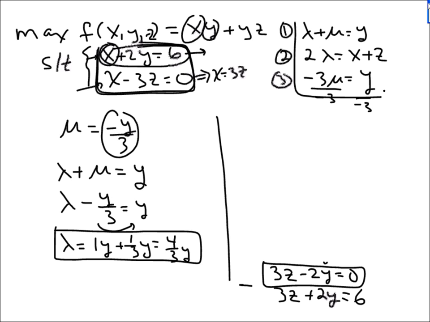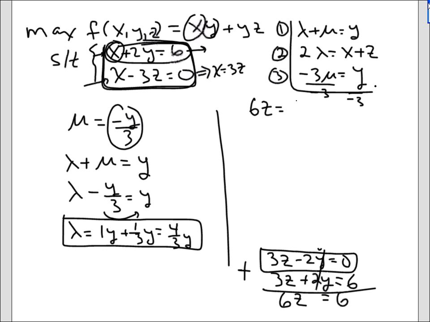If I were to add these, which I kind of ran out of room, I erased it electronically only. Okay, if you add these 2 equations, you get 6z equals 6. So z, of course, is 1.